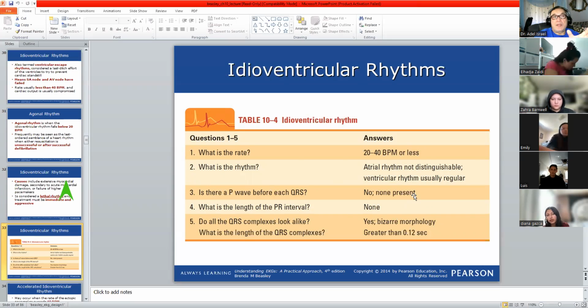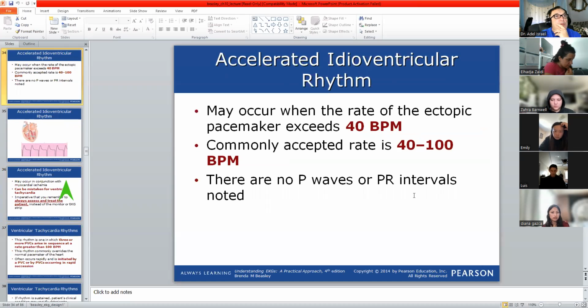What is the summary of all we mentioned? It is here in the slides. You can also review. And after that, we are going to talk about, like I told you, the basic information. We know that the ventricular rhythm ranges between 20 to 40. If it is more than 40 but never reaches 100, I will say accelerated.